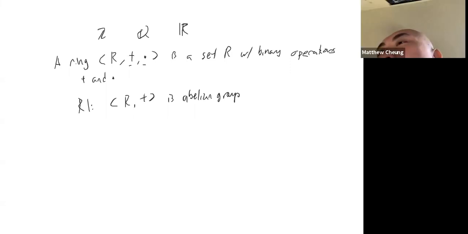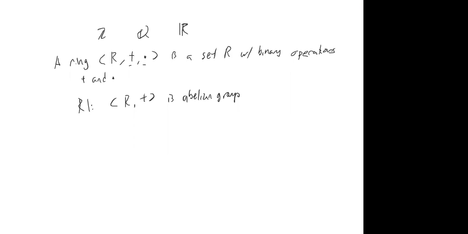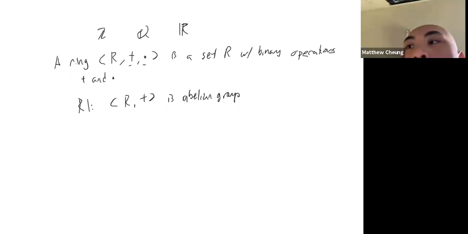Can anyone remind me, a mini quiz question, what does abelian mean? It means it's commutative. Yeah, it commutes.